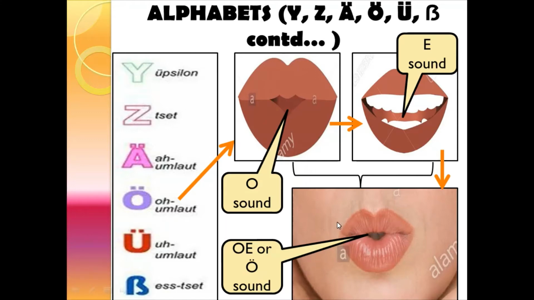And from this image you can see the mouth is still rounded, but rounded so that the air passage has become less than the air produced when the O sound was made.